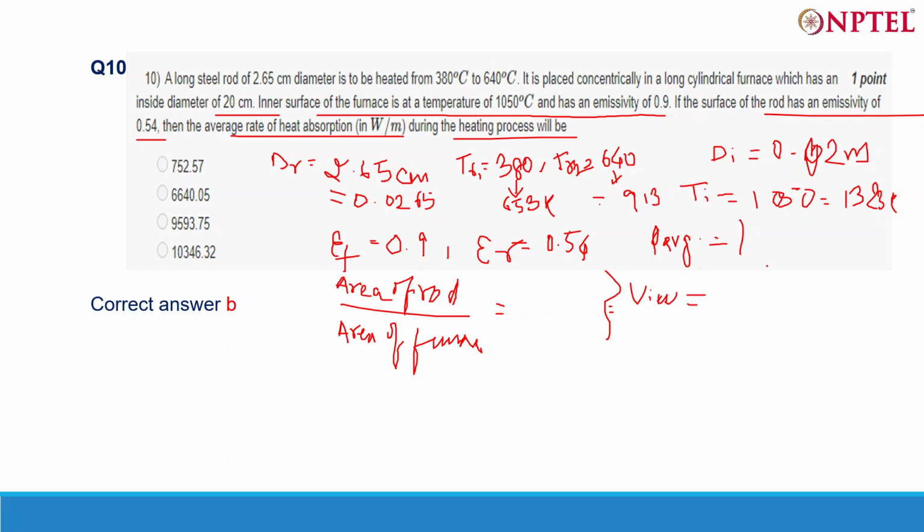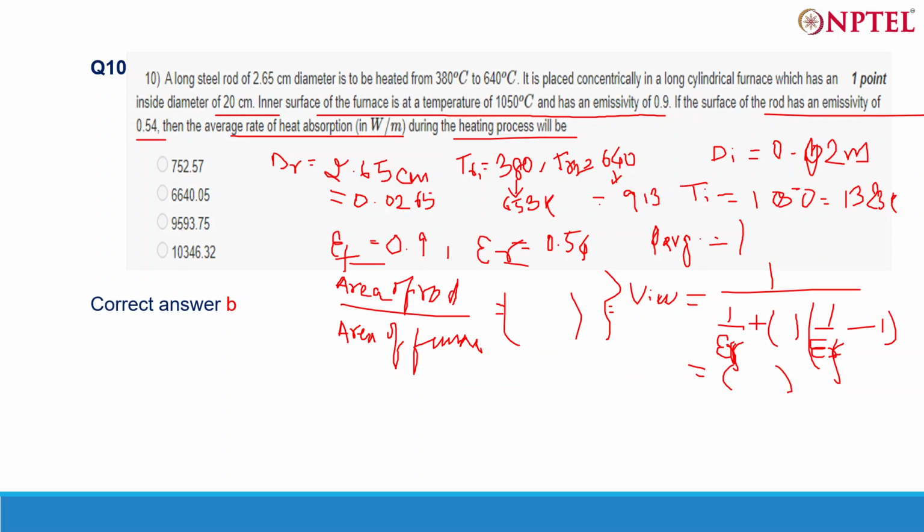So for view factor, you can use this formula, 1 upon epsilon of rod, plus this ratio, put it here, into 1 upon epsilon of the furnace, minus 1. So get the view factor.